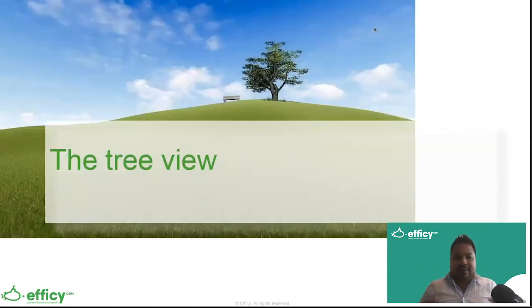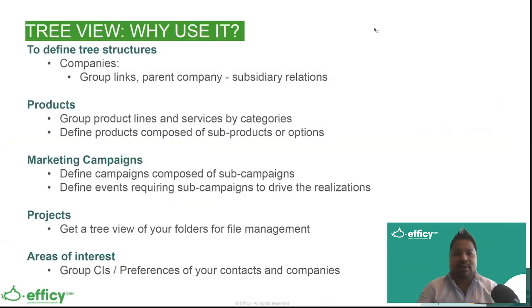That being said, let's start with the first feature that we want to show you today. It's the tree view, and it's not literally a tree, of course, but a tree view within your Efficy CRM. You can pretty much see it like the folders in Finder on your MacBook, or the Files folder on your Windows.